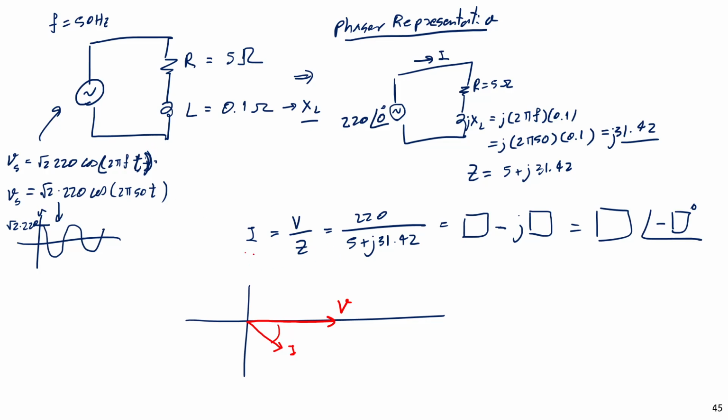This current can also be represented in the waveform: I RMS times square root 2 times cos(omega t plus theta I).